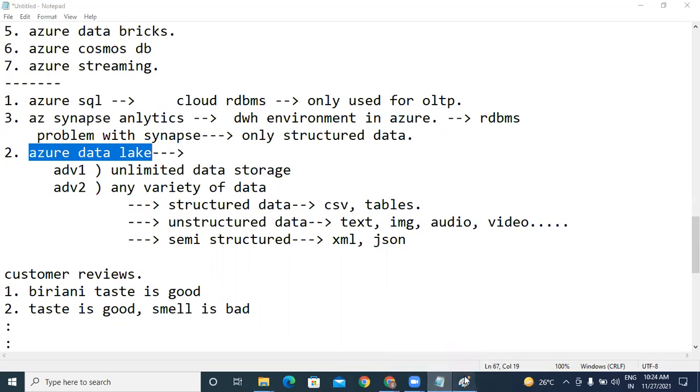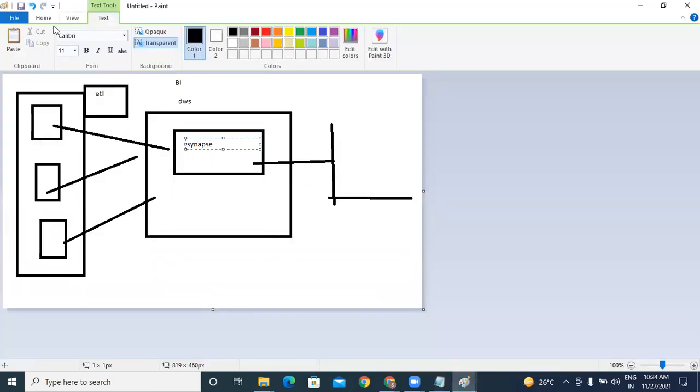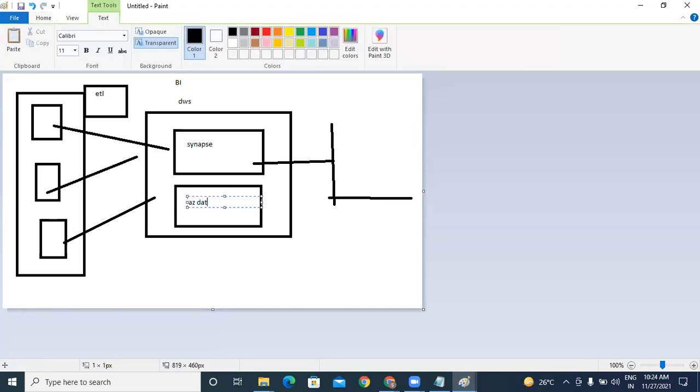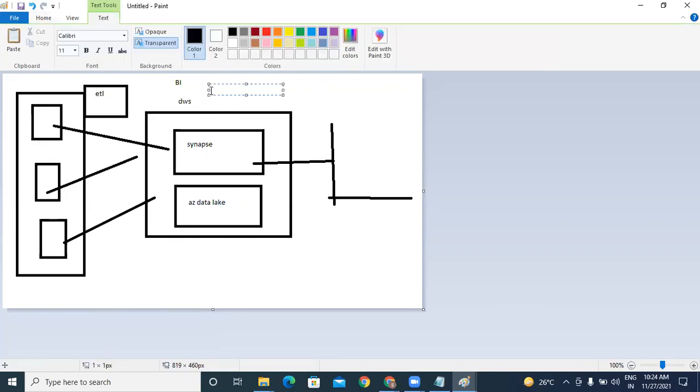Now please come back to our picture, where you can keep your data lake. I'm labeling it as Azure Data Lake. Now I have two weapons for my warehouse. This thing I am calling a modern data warehouse. In Azure, I have two weapons. One is Synapse.